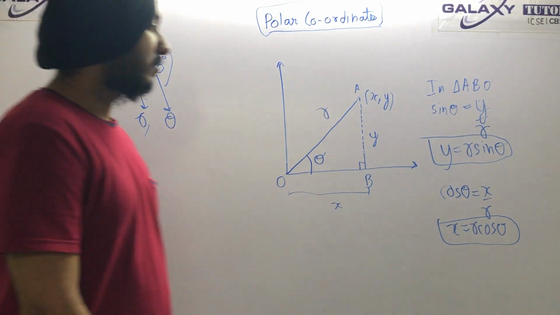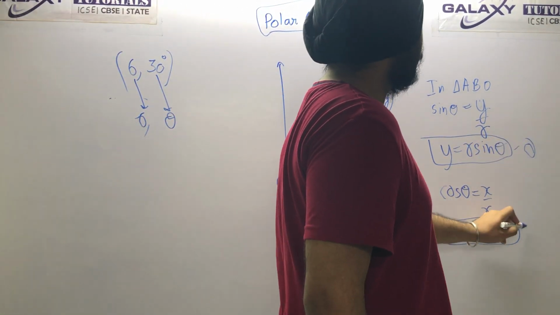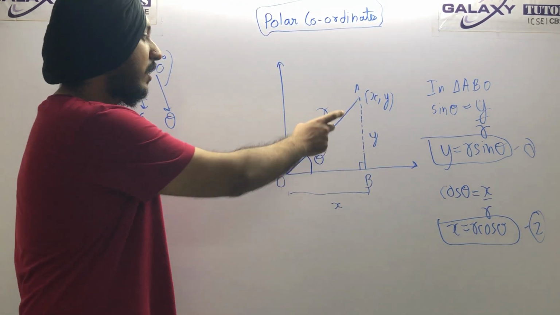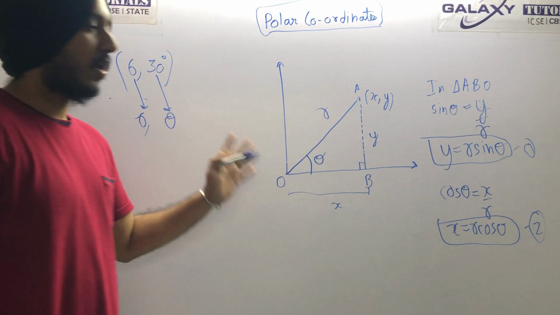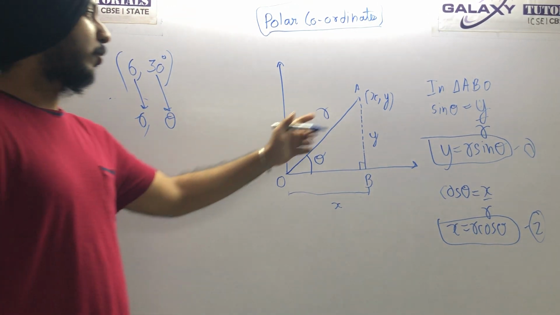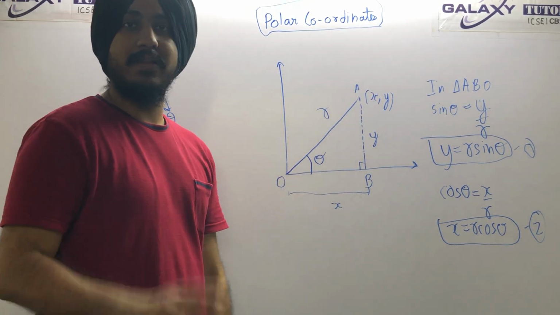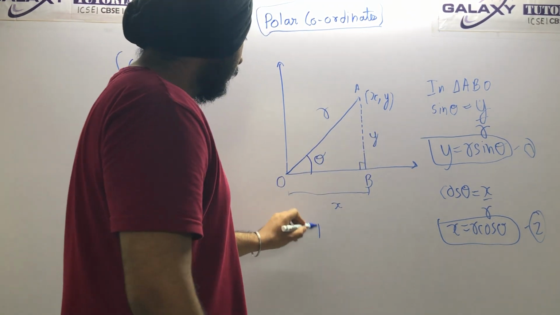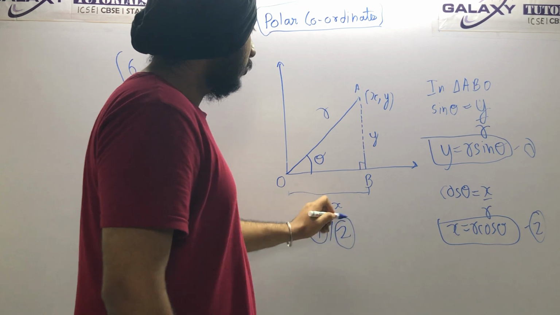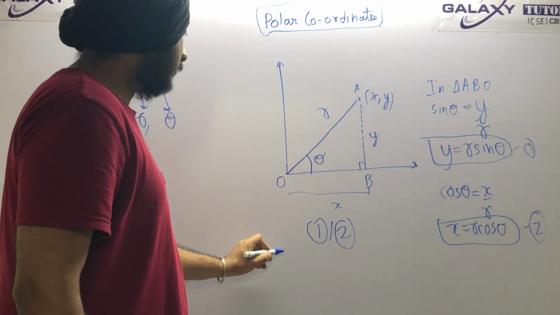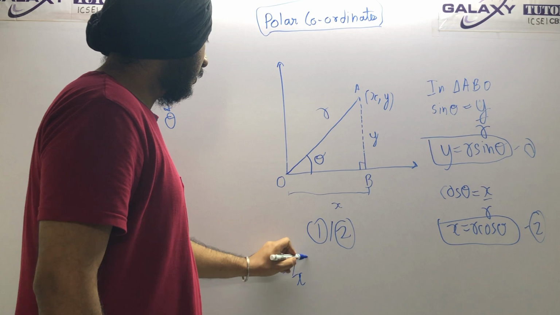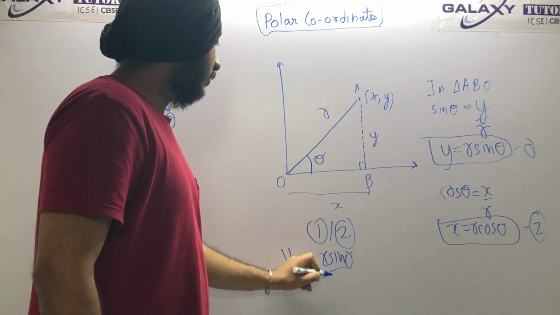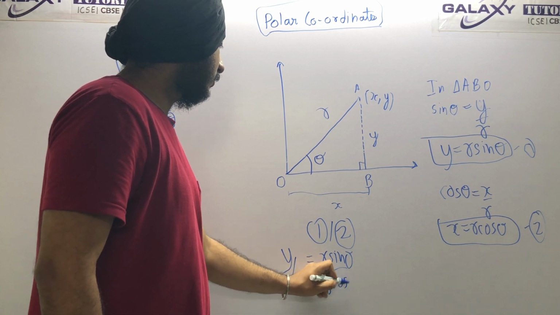Also there is one more relationship. You can use this in case you are not given the angle theta. You are given the values of x and y, and you have to find the angle. How will you find it? Divide equation 1 by 2. So this will come out to be y upon x is equal to r sine theta upon r cos theta.